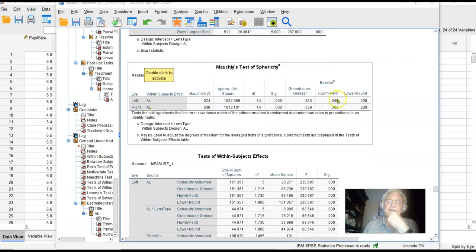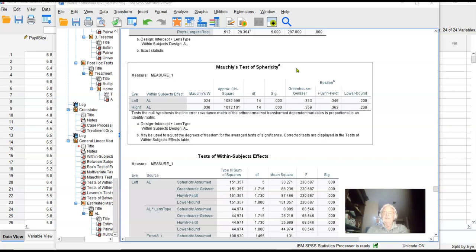Now we run into Mauchly's test of sphericity. Sphericity is this notion of the variances, this notion of independence, and the variance being a little different for the covariances. So when we look at AL compared to AL2 and AL correlated with AL3, as the subjects are correlated in their measure, they're close together with each other, but far apart between.